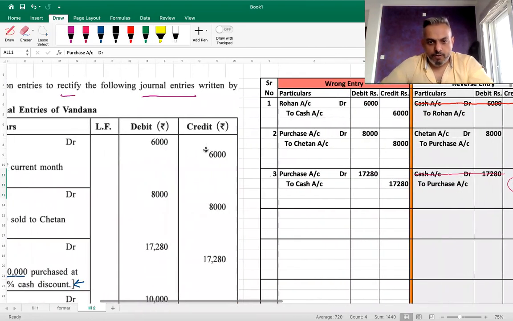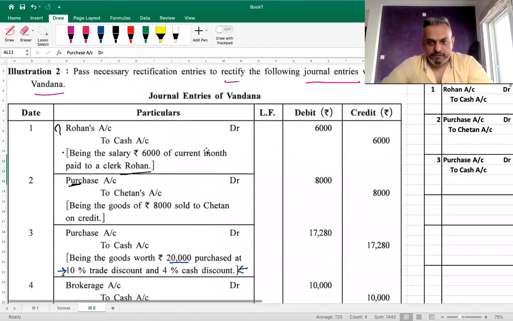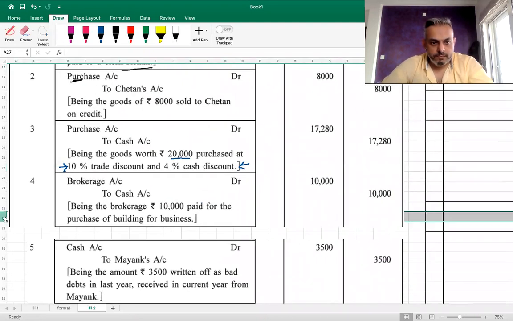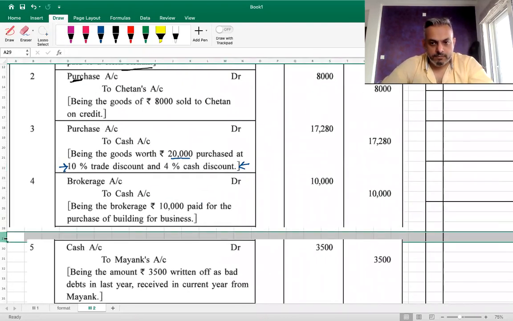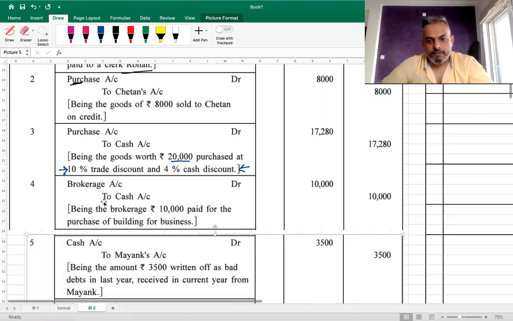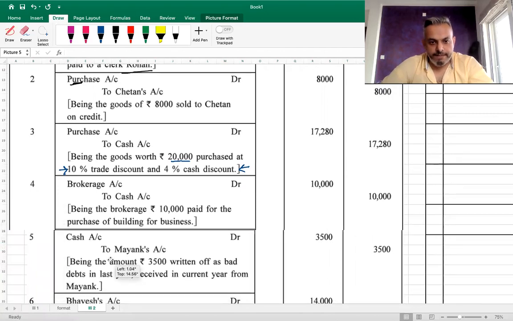Okay, now let's go to the next one. Brokerage, fourth one. Brokerage account debit to cash account 10,000. Being the brokerage 10,000 paid for what? Purchase of building for business.